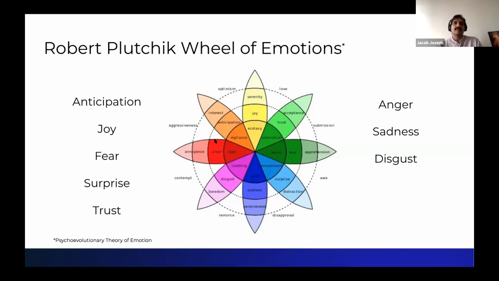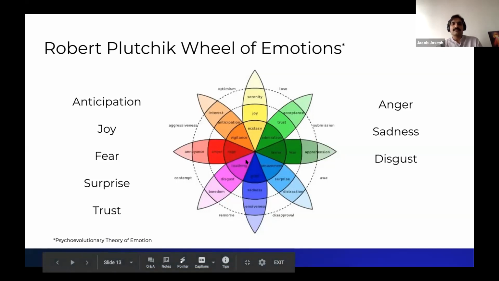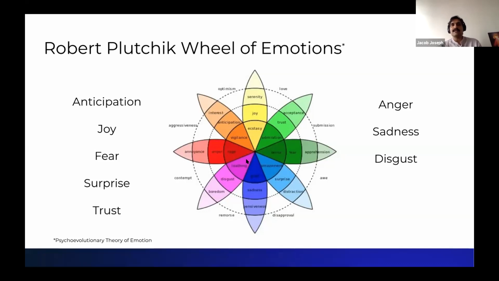So we found this wheel of emotions very useful, and how Dr. Robert Plutchik has come up with such a beautiful model. So the next step was, now that we know what are the basic emotions that human beings deal with, the next part is to model it, attach a number to it.